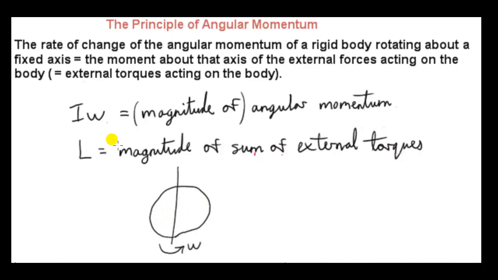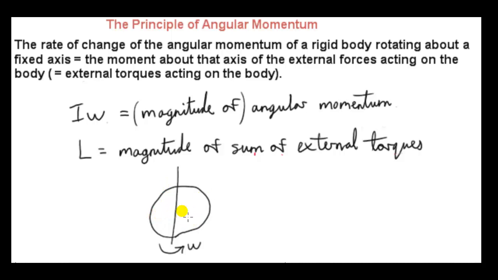So what is an external torque? Well, an external torque involves an external force on the body. We are not going to talk about internal forces. Internal forces are the forces between the particles that make up the body, so molecular forces, electrical forces, whatever. We're not interested in that. This is a rigid body, so internal forces don't come into this picture.